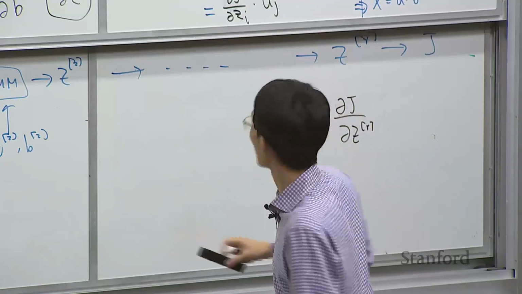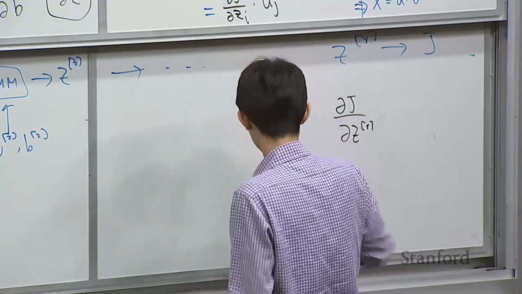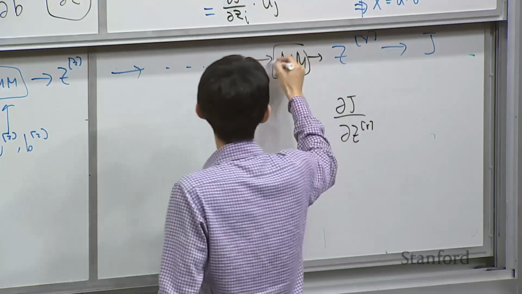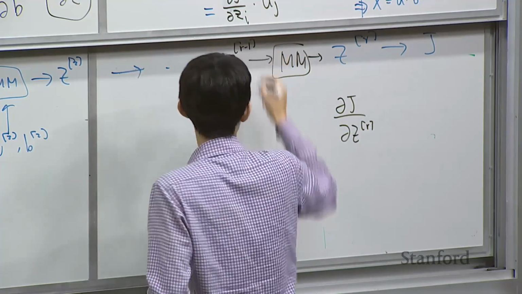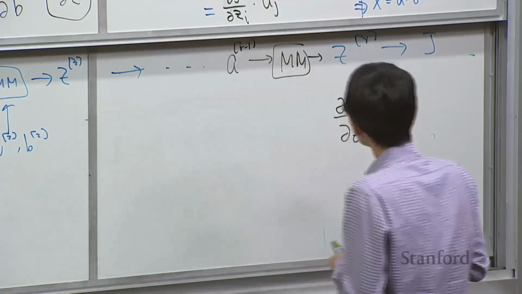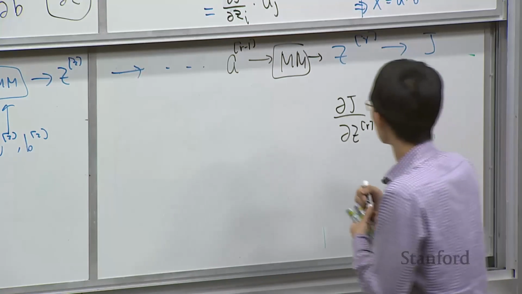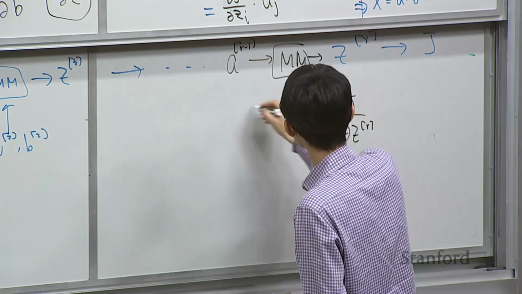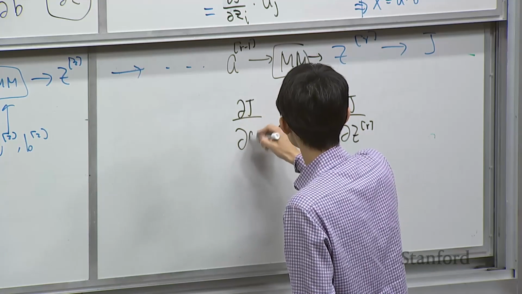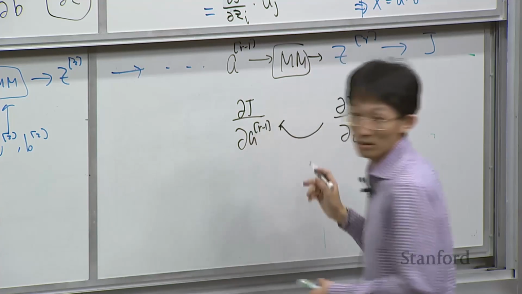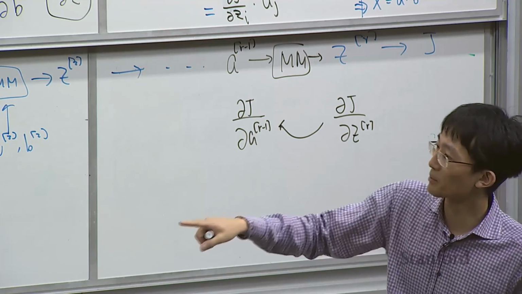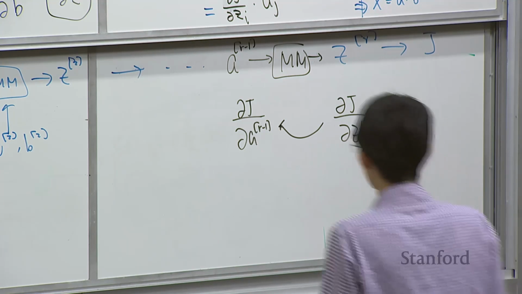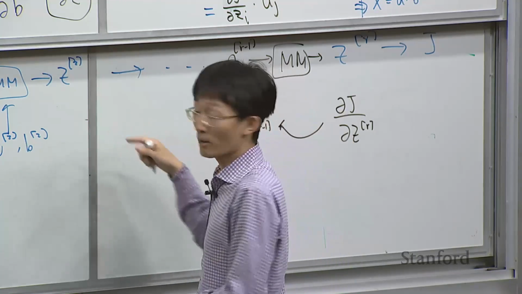You get it by some matrix multiplication, where the input is AR minus 1. So from this you compute the derivative with respect to AR minus 1. That's my step 2.1. And then you just keep doing this in a backward fashion.